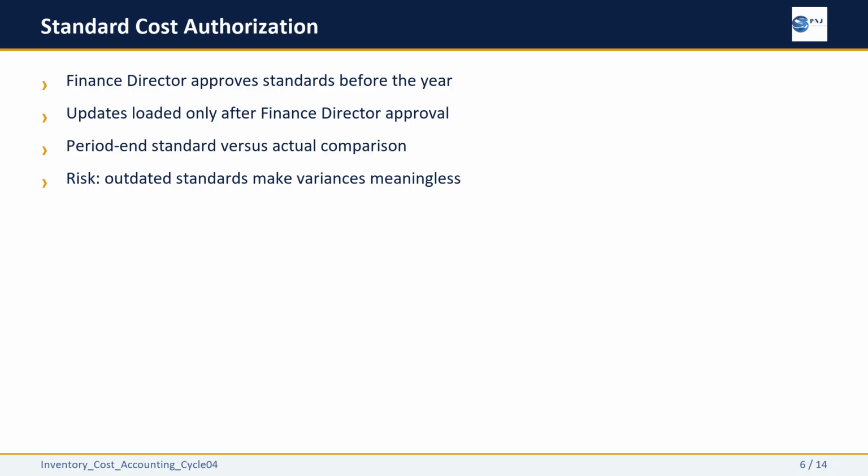Standard costs must be approved by the finance director before the production year begins, and any update is loaded into the system only after that same finance director approval. The detective control is a standard cost versus actual cost comparison at period end, where a significant gap triggers a formal standard review. In practice, this means no one quietly edits the yardstick.